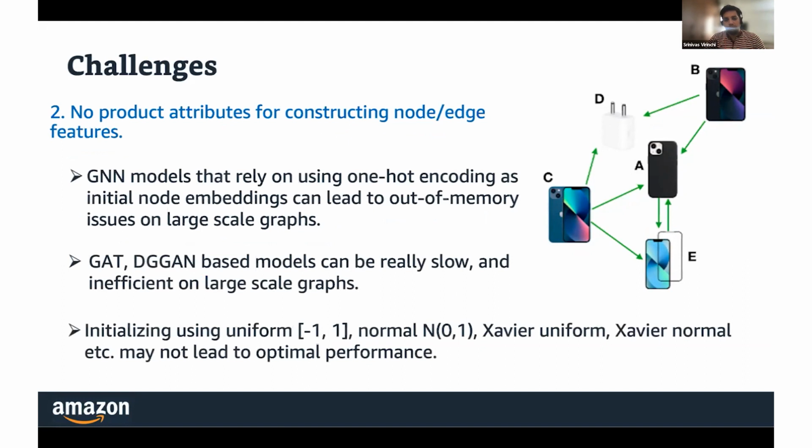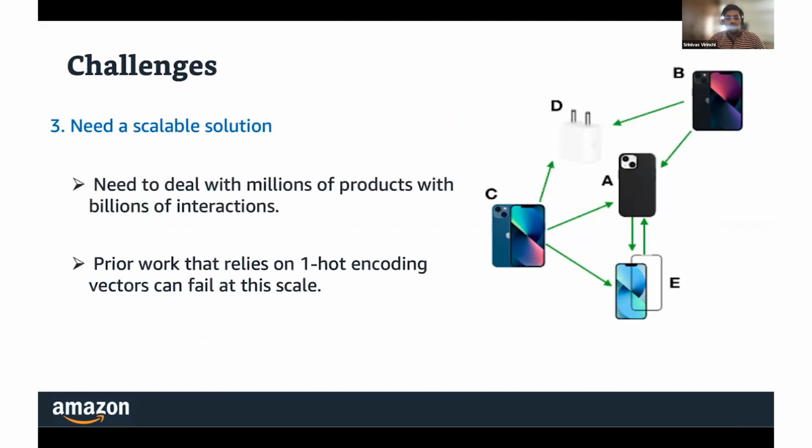And one could go about simple ways like sampling from a uniform distribution or a normal or other such probability distributions. They may not lead to the best performance, which we will show later in the experiments. And having a solution that needs to scale to this setting is the whole challenge.